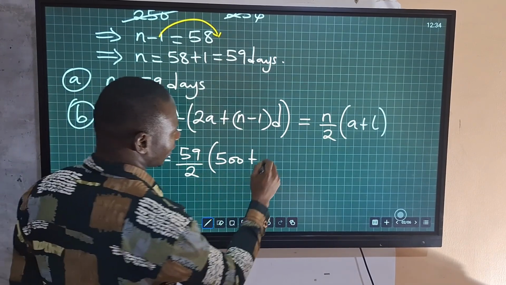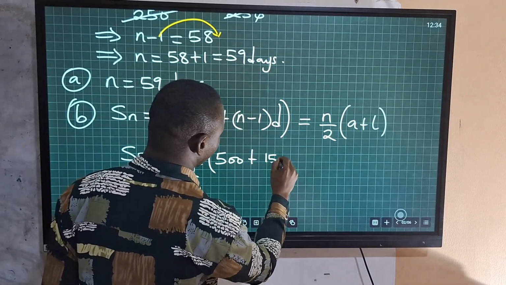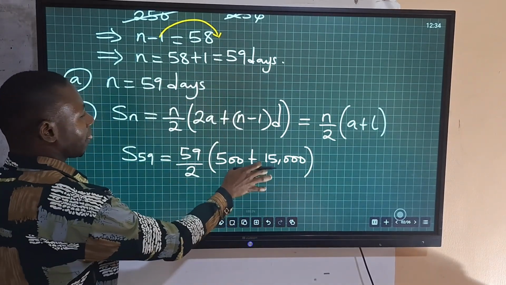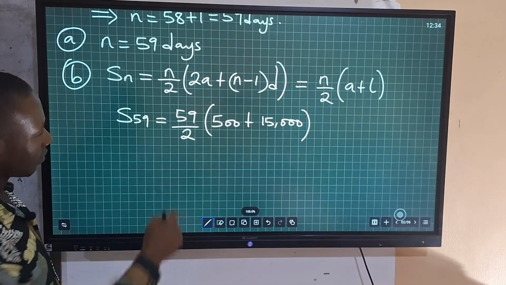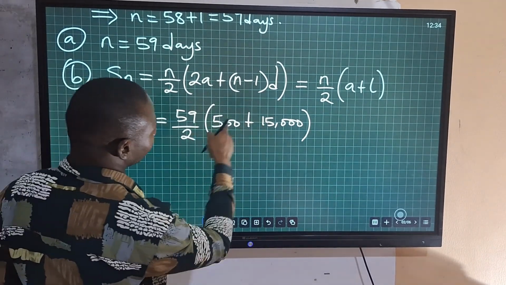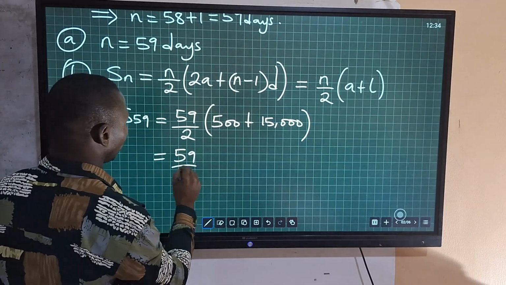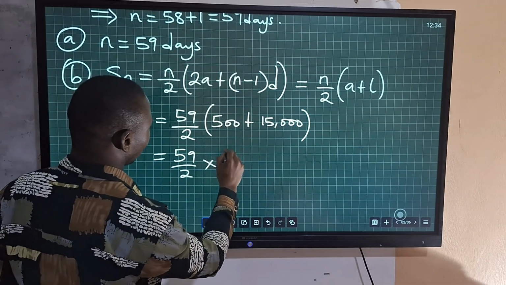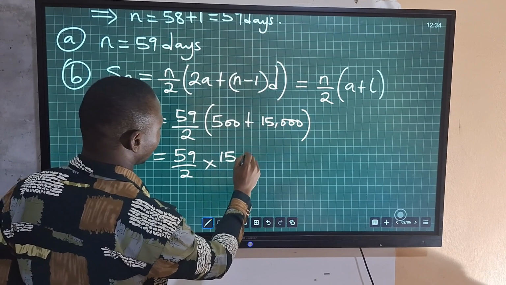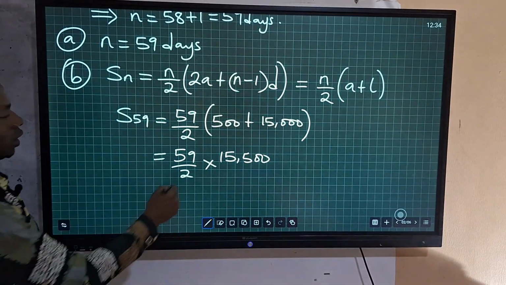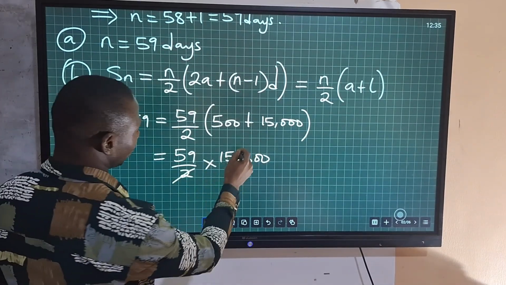I hope that is clear. So when you add 500 to 15,000, you have 59 over 2 times 15,500.